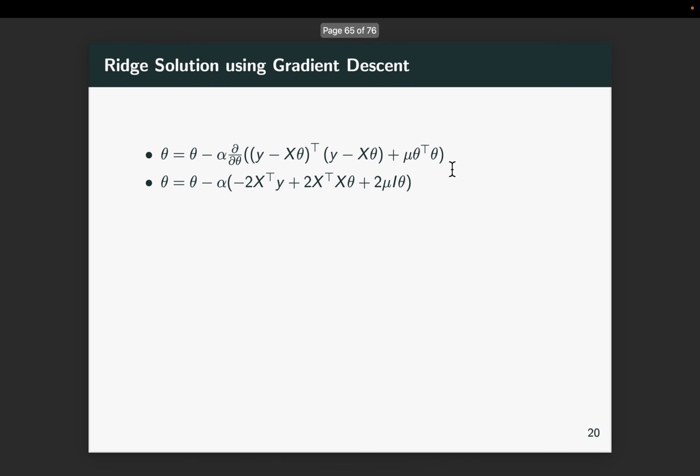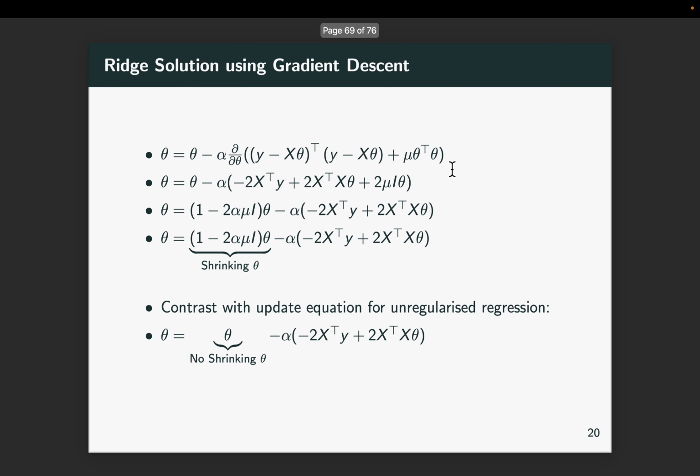If you just solve it for a few more steps, you will get an expression which is theta equal to (1 minus 2 alpha mu I) times theta minus alpha times this expression.